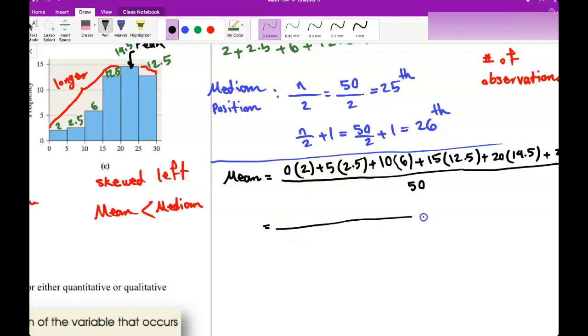Multiply and add. So this is 0, 12.5, plus 60, plus 187.5.